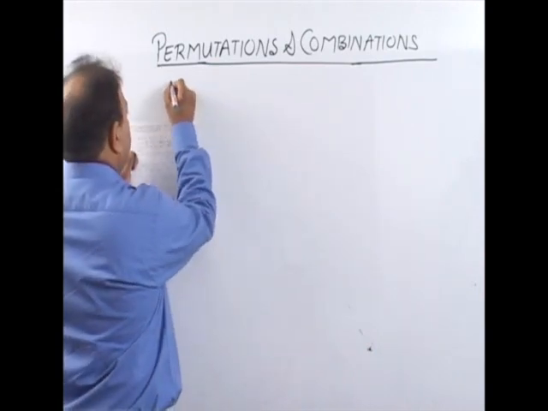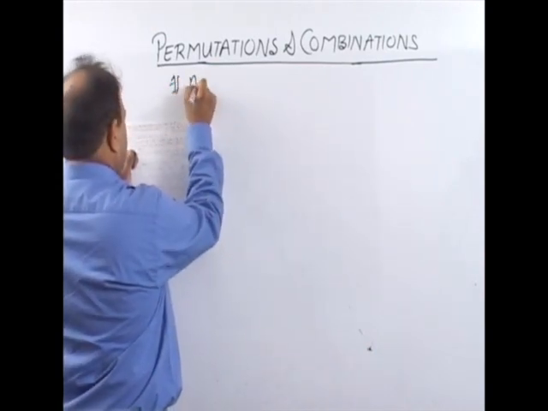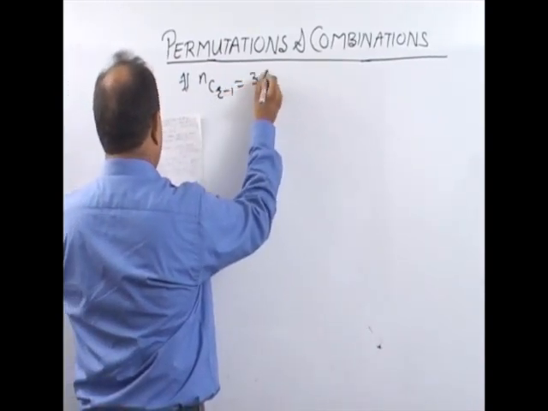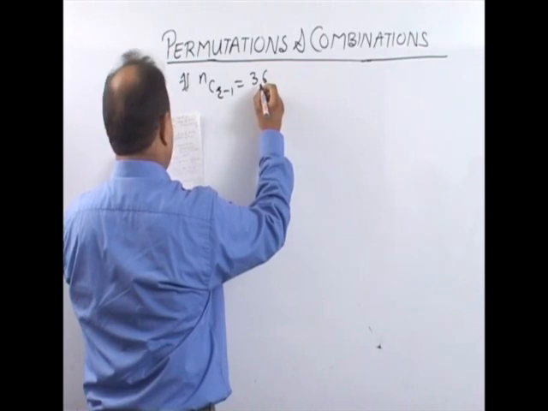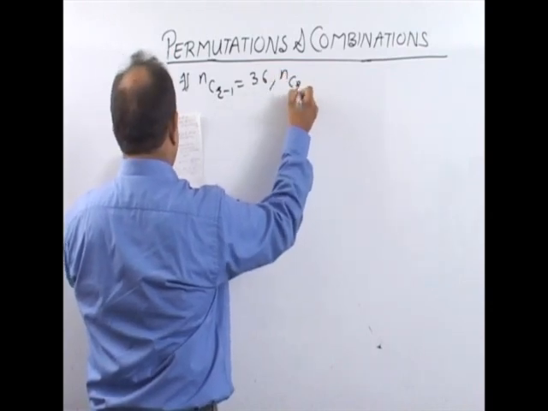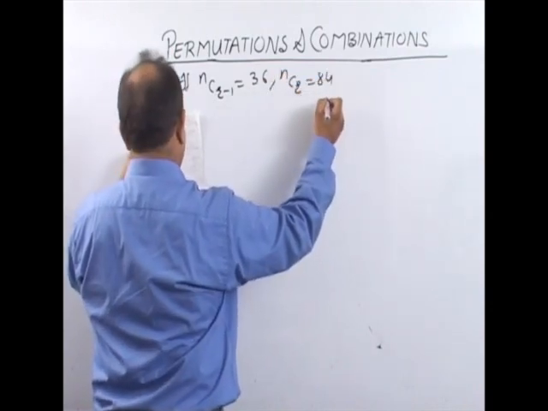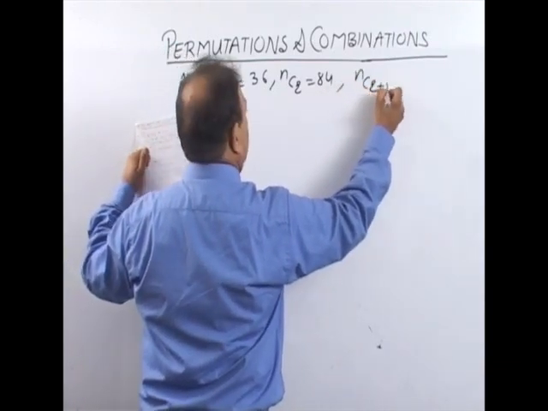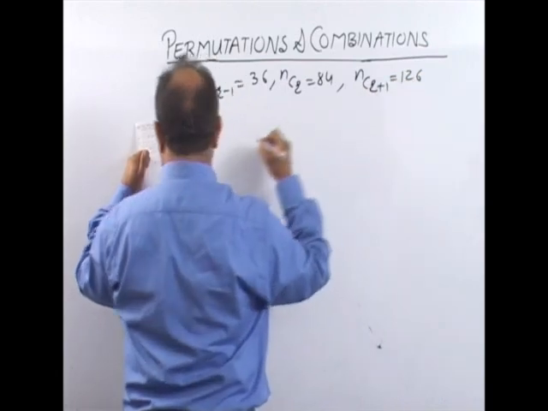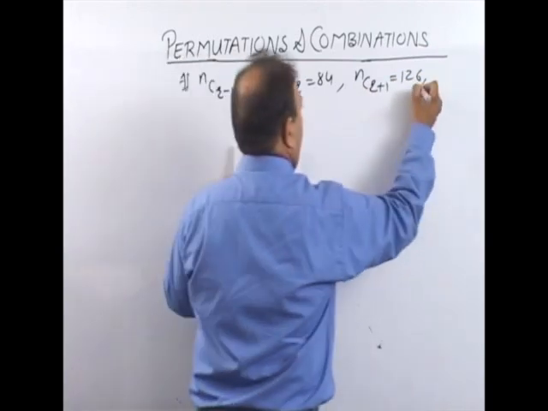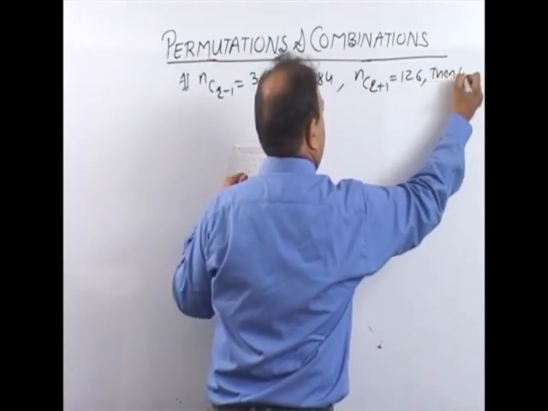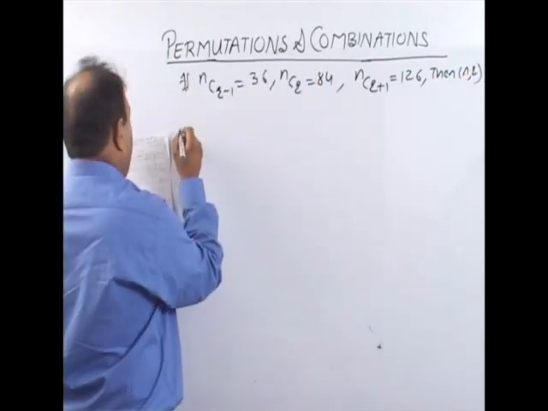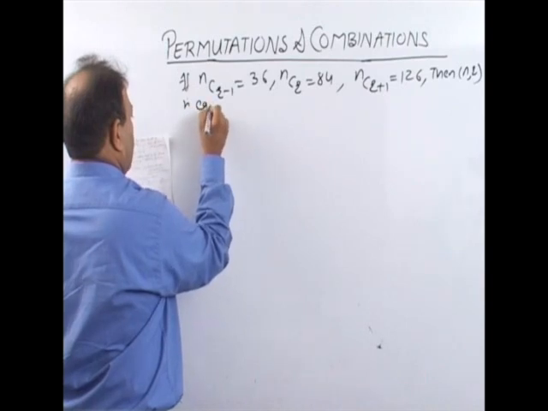If nCr minus 1 is equal to 36, nCr is equal to 84, nCr plus 1 is equal to 126, then n comma r is equal to?